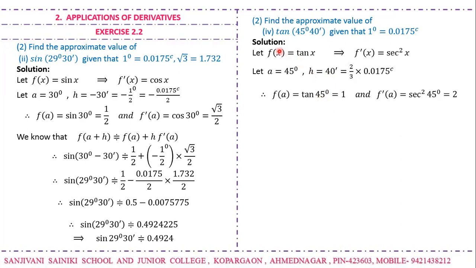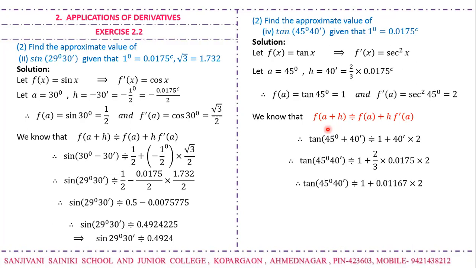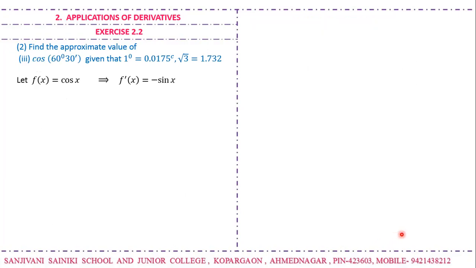Again here tan of something is given, so our function must be tan x. Its derivative is sec square x. Use the given values in the approximation formula and keep simplifying. Finally you will get the answer: tan of 45 degree and 40 minutes is approximately equal to 1.0233334.